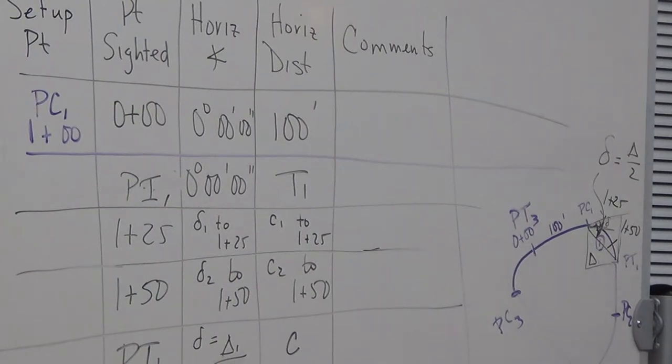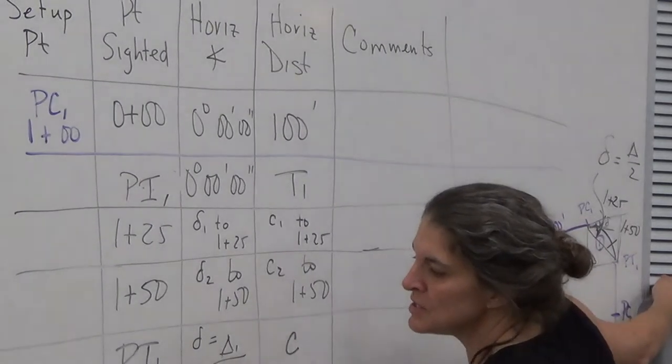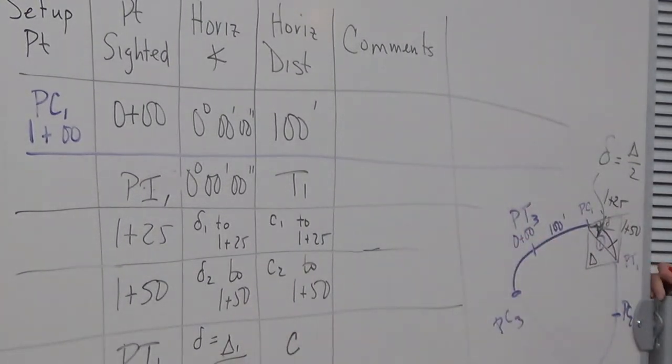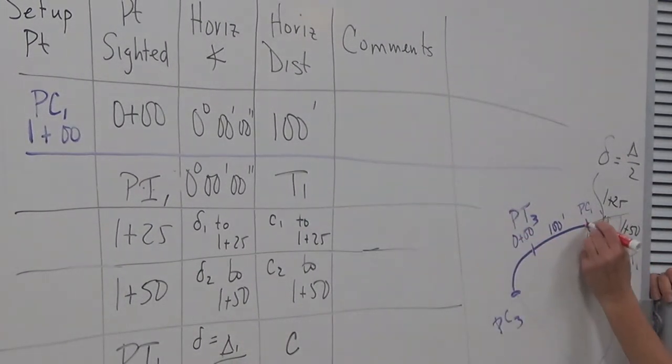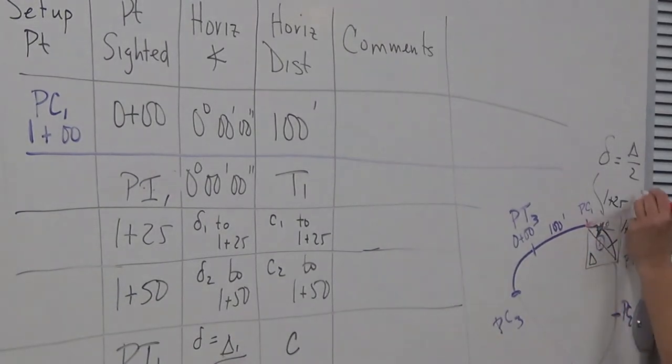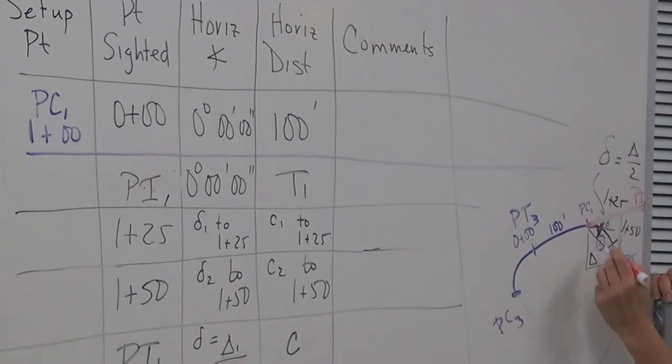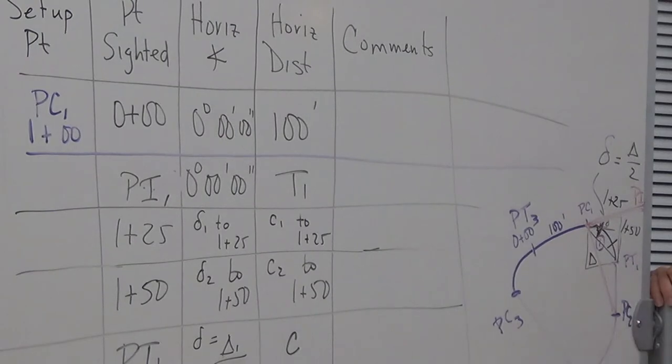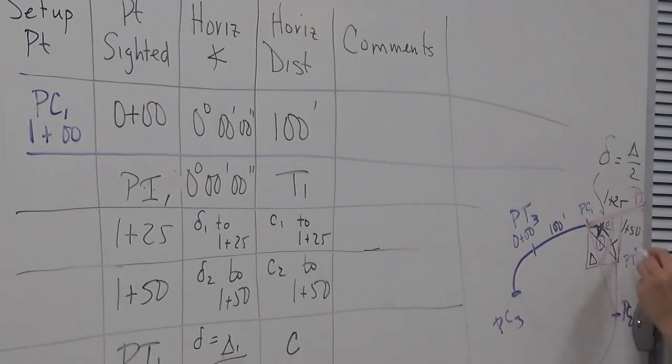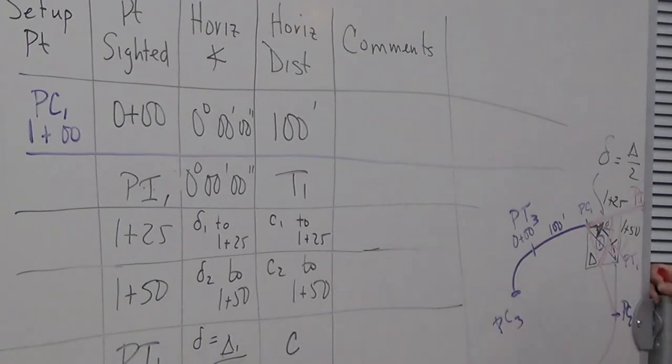So, what we wanna do is we wanna cite PC2 from PC1. So remember, this is where PI1 is. Using AutoCAD or the drawing, you're gonna know what this angle is. Let's call it alpha. You're gonna write down the horizontal angle.